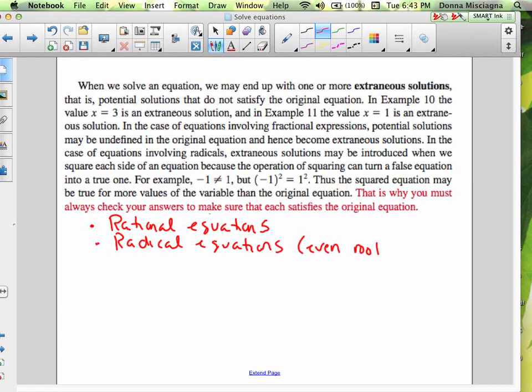The odd ones don't do this, but it's the even roots where we get those false solutions. And then the other one is logarithmic equations. We can get false solutions there. For instance, we can't take the log of a negative number. So for these three types of equations, we always have to check our solutions and make sure it works out.